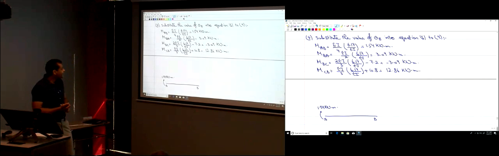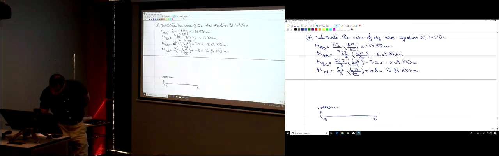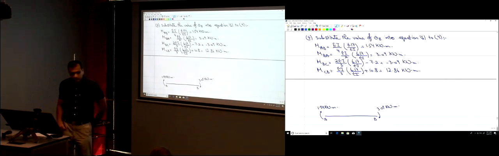MBA, the moment at the other end of that member. How much is that? 3.09. Positive 3.09. What does positive mean? Clockwise. So it's like this. 3.09 kilonewton meters.